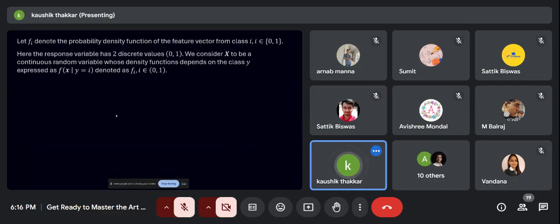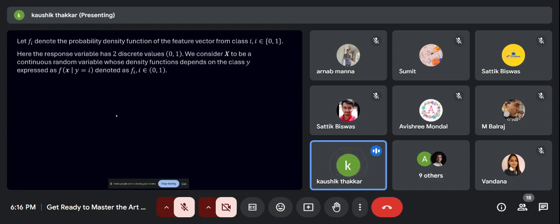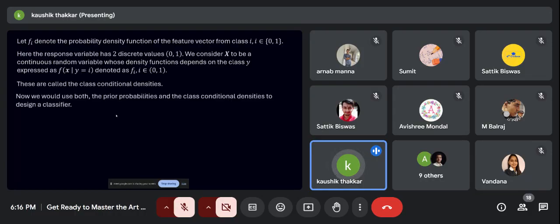So we consider x to be a continuous random variable whose density function depends on the class y, expressed as f of x given y equals i. So given class i, the density function of the feature vector is basically f_i. I hope the notations are clear. These are called class conditional densities.